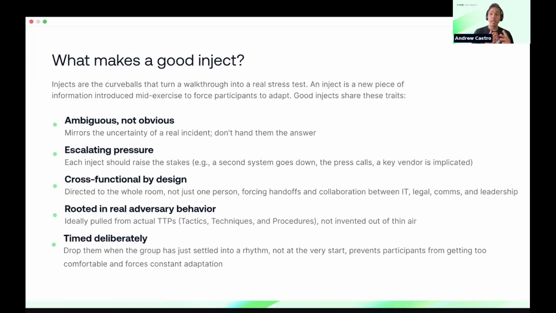Cross-functional by design. Legal gets involved, and it's like, okay, so now what? There's a legal hold on this particular person who needs to be fired, but they can't get rid of this person. How does that play into this?